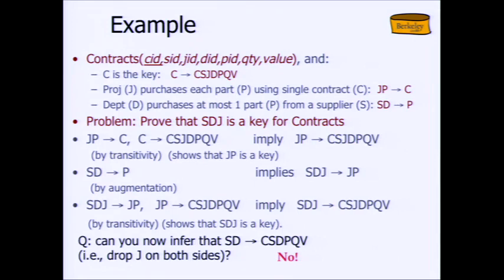Social security number, comma, first name, comma, last name determines salary. I'll just give you the first name and the last name. Oh, sorry, I did it wrong. Social security number, first name, last name determines social security number, comma, salary. Seems like a reasonable rule, right? I'm just going to erase SSN from both sides.